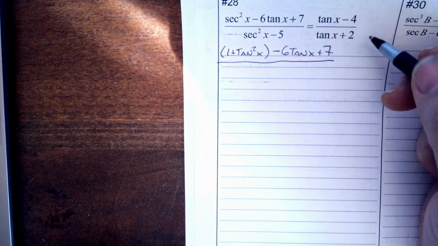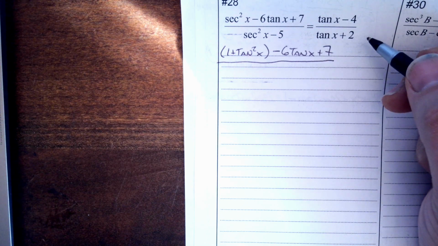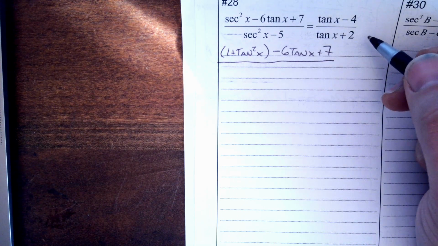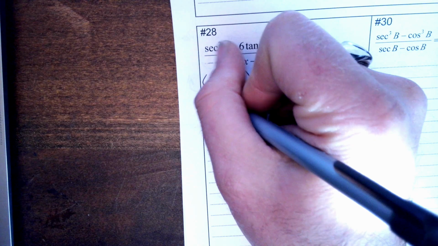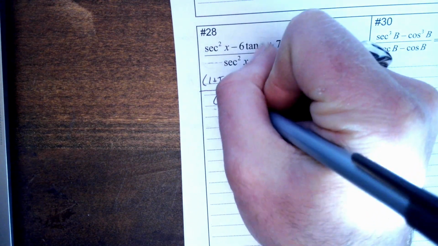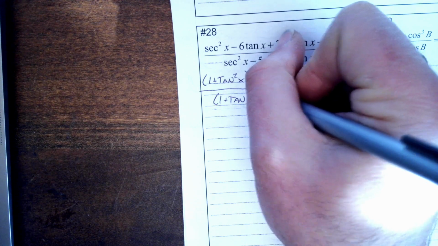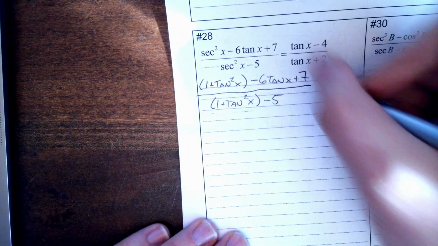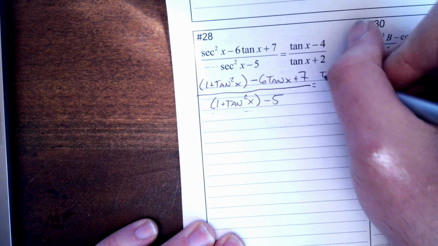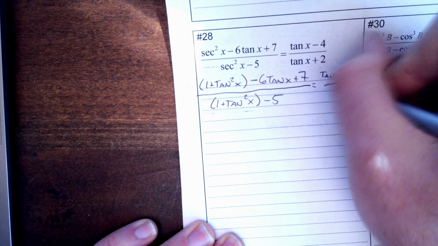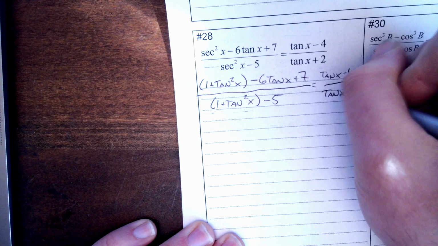But the secant squared of x equals, let's see, well, yeah, 1 plus the tangent squared of x. Minus 5. All that'll equal the tangent of x minus 4 over the tangent of x plus 2.